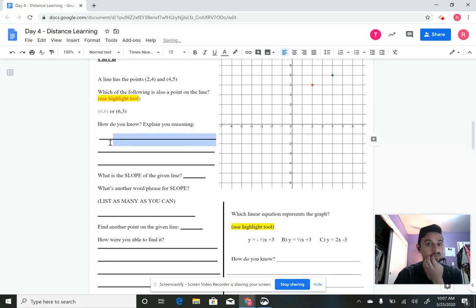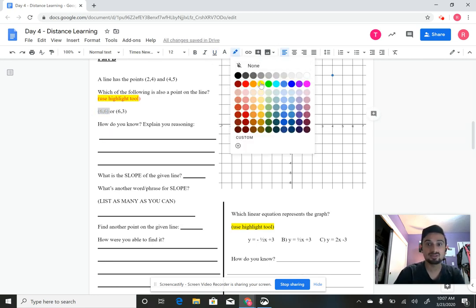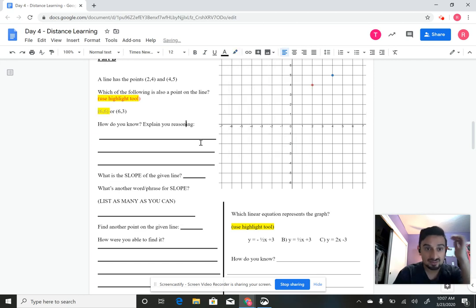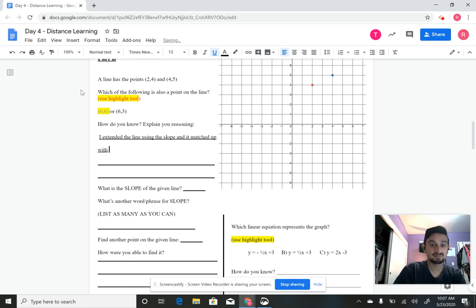Oh, that was not highlighted. That was grayed out. Let's go highlight. And so how do I know? Well, I extended the line using the slope, and it matched up with 6, 6. Right?